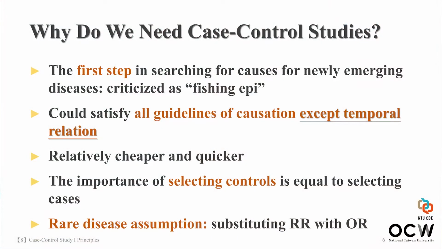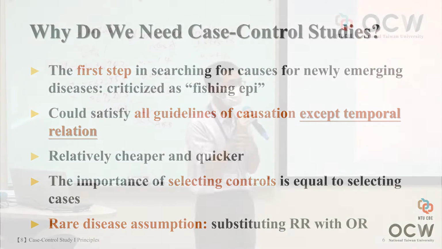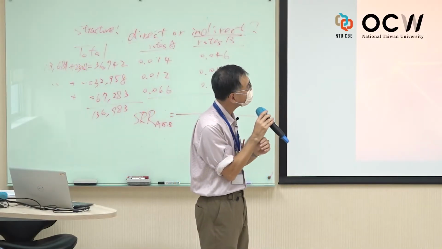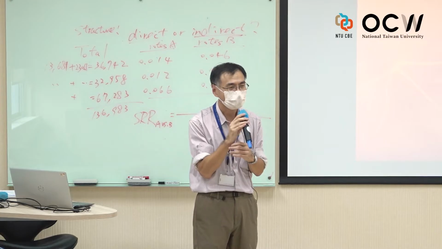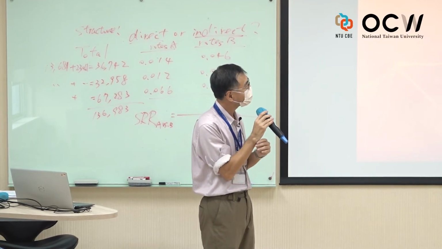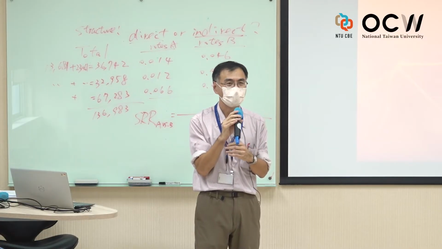But sometimes a case control study is criticized as being like fishing. You just try to scan a lot of different kinds of exposures, about geography, about socioeconomics, and everything. So it's kind of fishing. The more variables you try in statistical analysis, the more likely you are to have what?